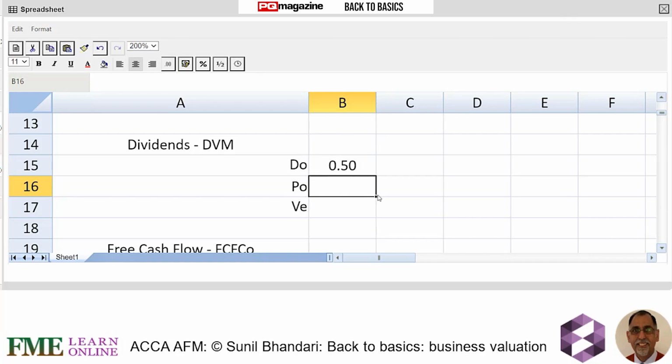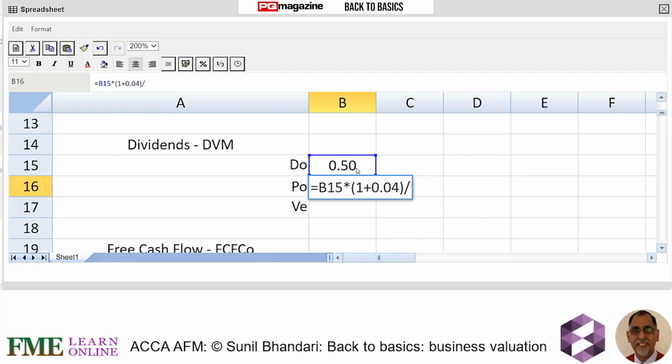And what we're saying here is this: we are going to take that dividend and multiply it by, open bracket, 1 plus the growth rate, 0.04, close that off.